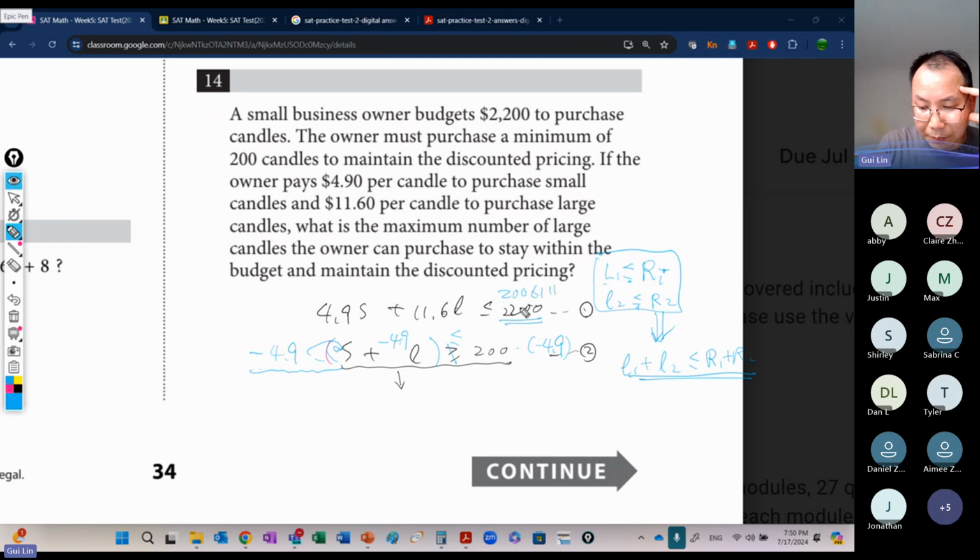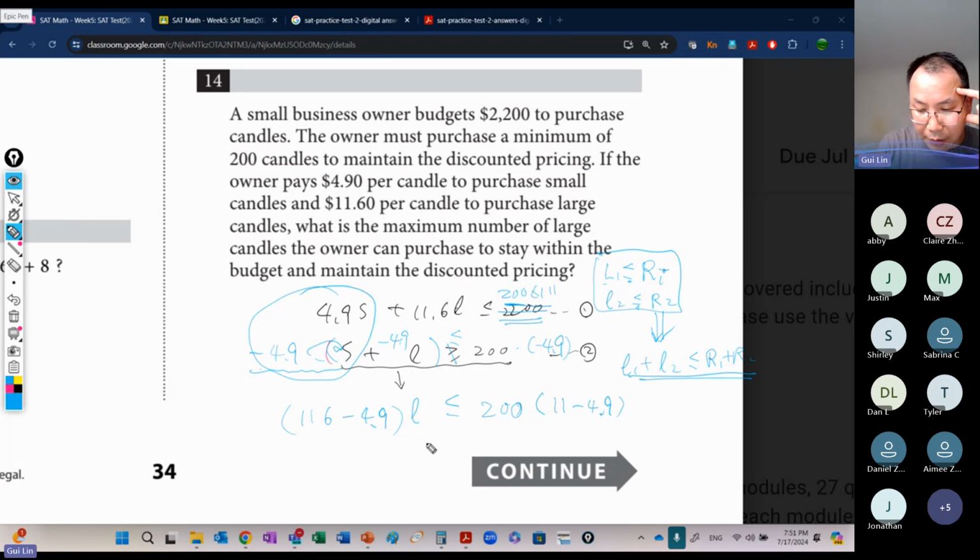So right now, left part plus left part, S just disappears, right? And what is left in the left part is 11.6 minus 4.9 L, right? And right part plus right part. So you can see they both have 200, right? And 11 plus the bottom here.